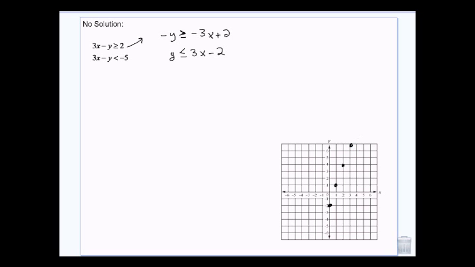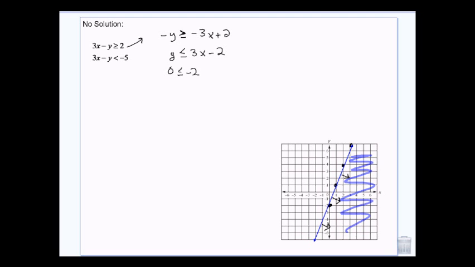And I have a solid line, and I'm going to go ahead and use my nice, pretty, perfect line drawer. And that would shade this way. Or if you prefer, we can actually go in and shade. That would shade this way.